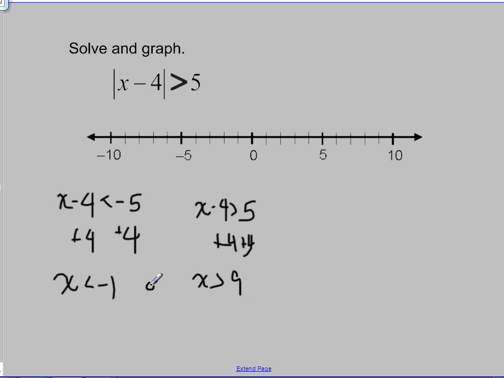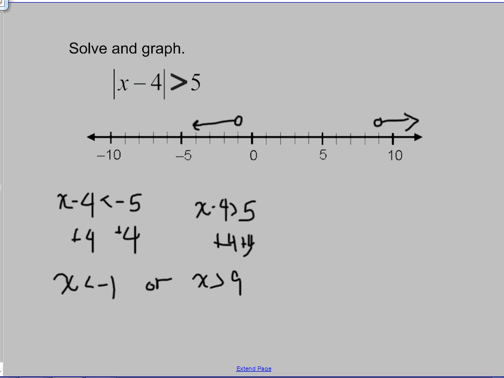Put an or between these two, and there's my answer. I'm going to graph it real quick. So I have x is less than negative 1, so I have an open circle with it going to the left. Then I have x is greater than 9, so I have another open circle and a greater than.